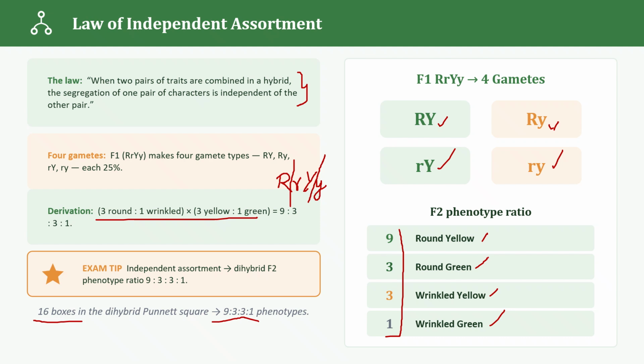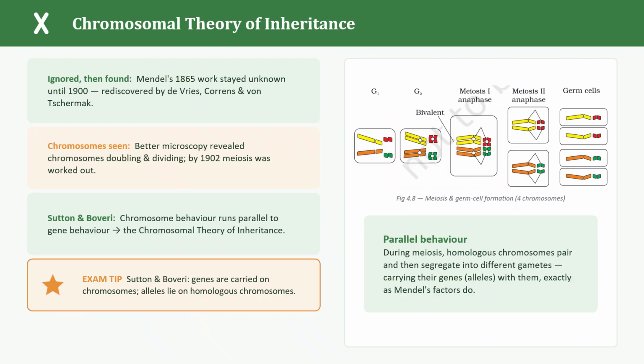Yes. So what you should remember from the exam point of view is four gametes are formed, and 16 Punnett square boxes, and also the phenotypic ratio is 9:3:3:1.